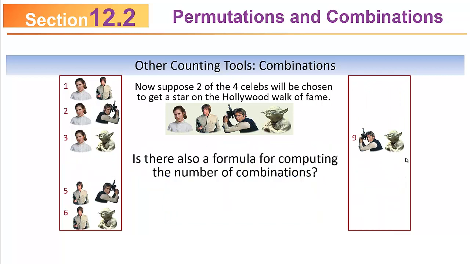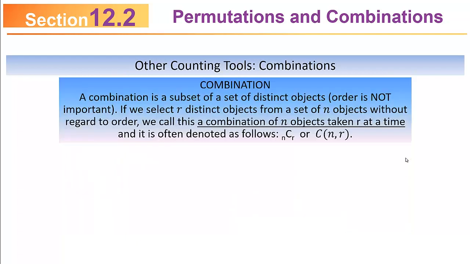The order doesn't matter. Is there a formula for that? Yes, there is. It has to do with the combination. A combination is a subset of a set of distinct objects where order is not important.